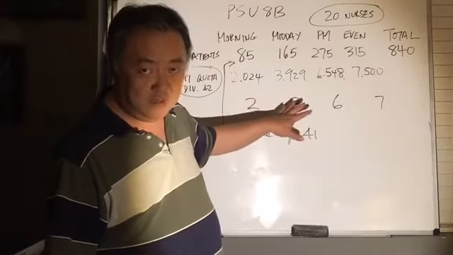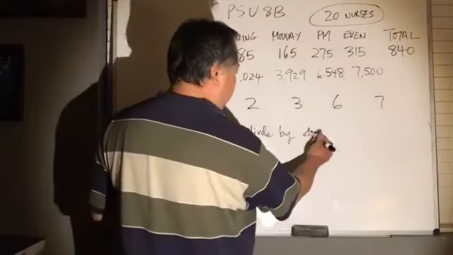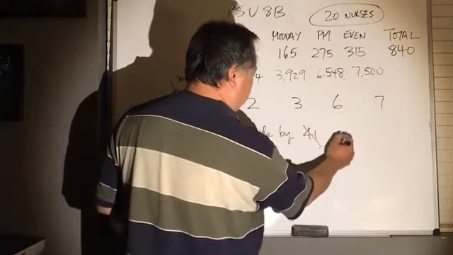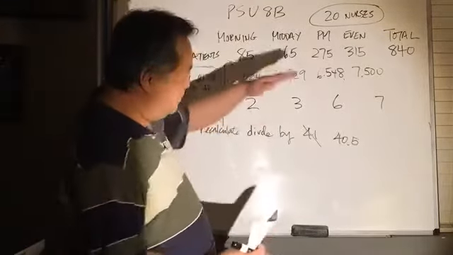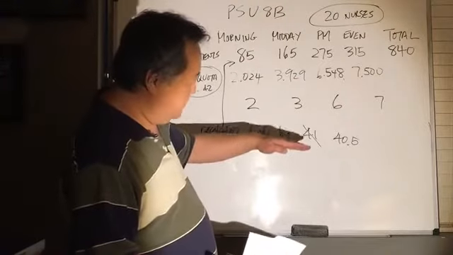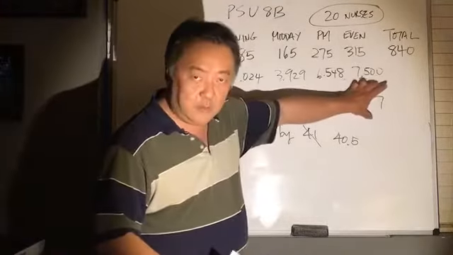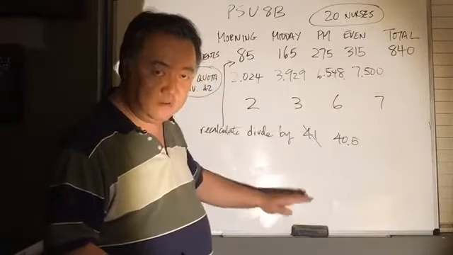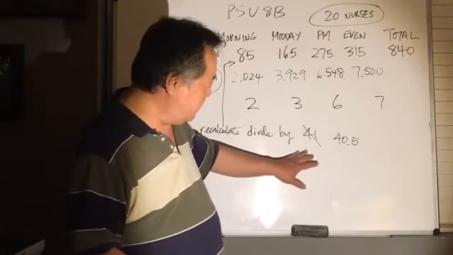That's too many. So how do you adjust? Then you're going to try 40.5.